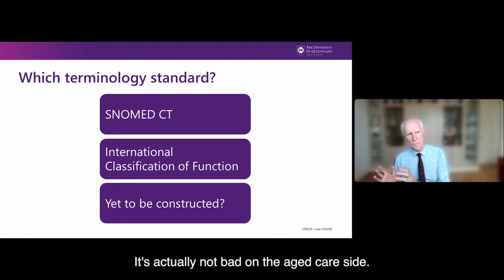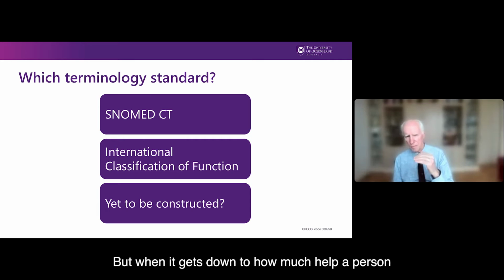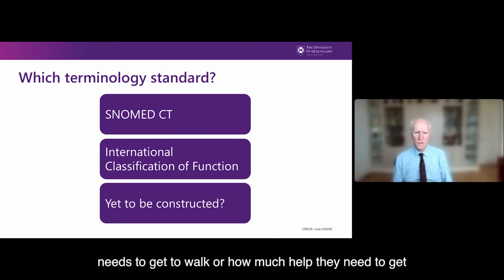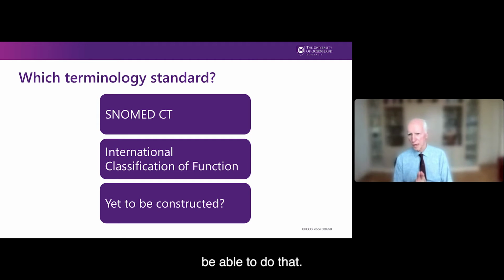It's actually not bad on the aged care side if you can figure out if someone is mobile or not. But when it gets down to how much help a person needs to walk, or how much help they need to get to the toilet, SNOMED doesn't have the tools to be able to do that.